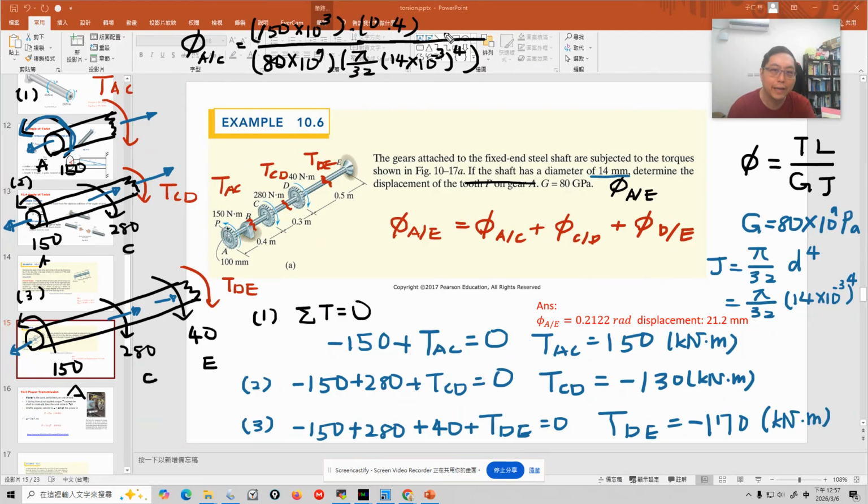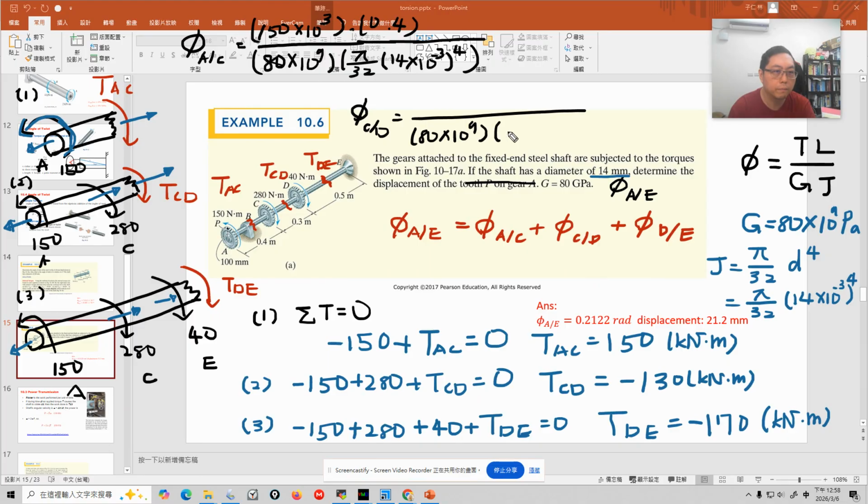Try to learn to use the engineering calculator to calculate this value correctly. You need to practice using the engineering calculator. Okay, so this is the expression for AC. So what is CD?